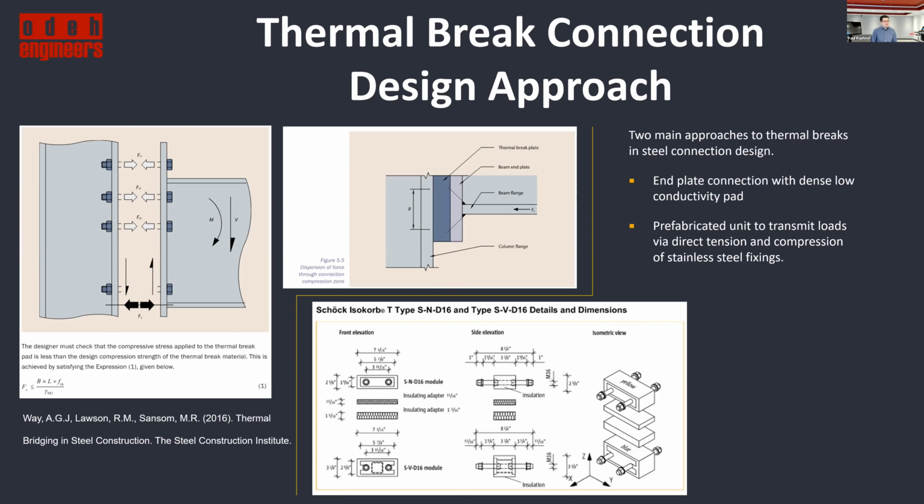Very impressive there, but it's a prefabricated unit to transmit loads via direct tension and compression of the stainless steel fixings. And I think one of the things that's important to highlight about the difference between these, because I think it can get lost sometimes, is in this prefabricated unit, that assembly that's exploded on the right, when it's oriented like that, it's very similar to the end plate connection, but what you're doing there is getting direct tension out of the top bolts.